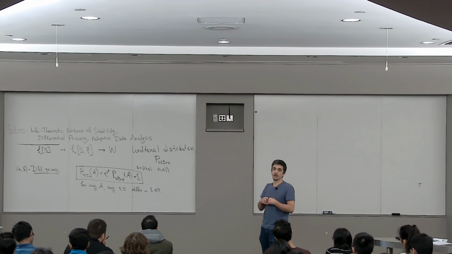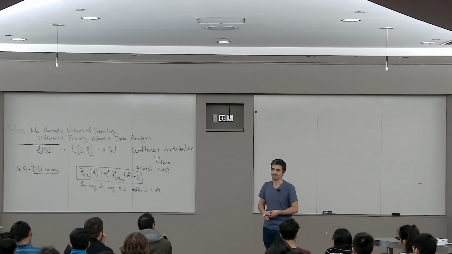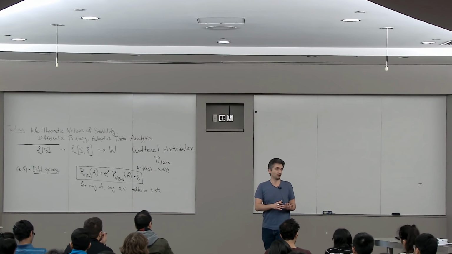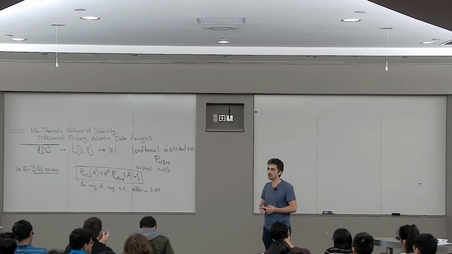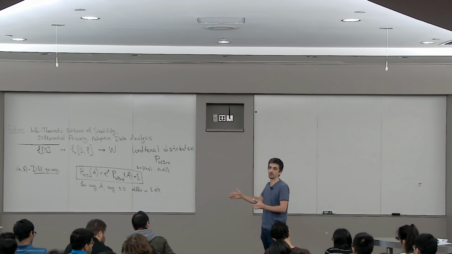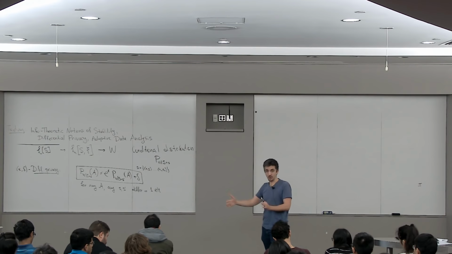Now, we already have, again, an explosion of different notions. I will show you maybe 5 of them and show you some relations between these 5 different notions of stability for randomized algorithms. What's different this time is that these are notions which are mostly information-theoretic.